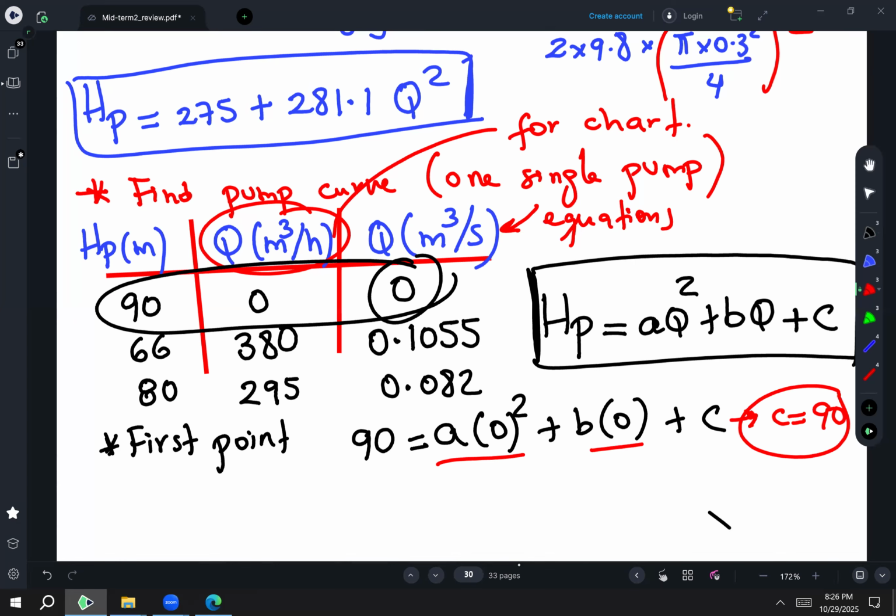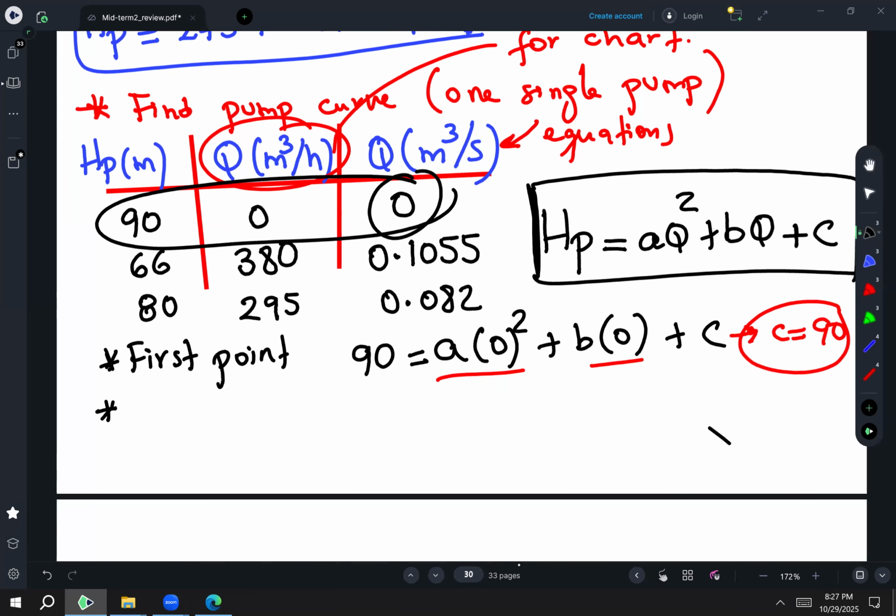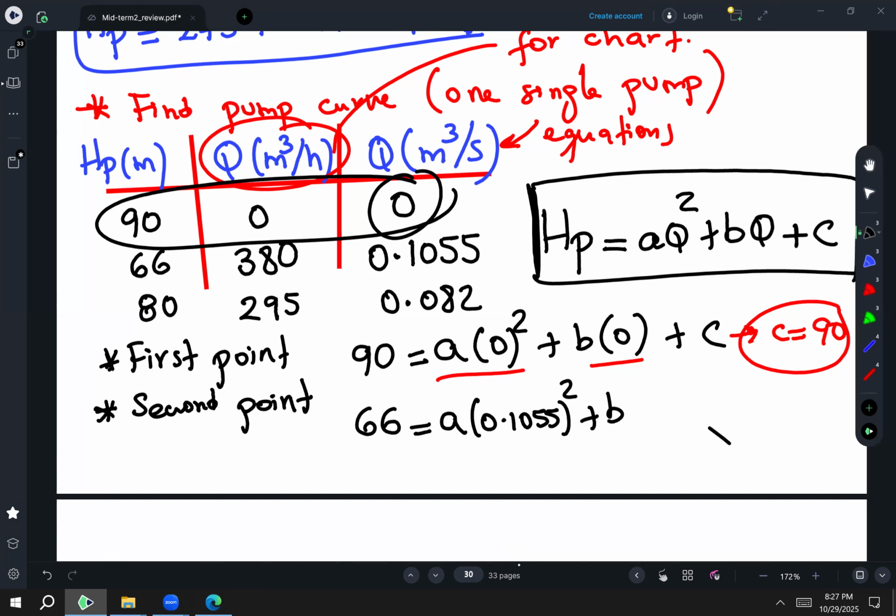Now we can use the second point. For the second point, we have 66 is equal to A times Q squared, Q is 0.1055 squared, plus B times Q, and Q is 0.1055, plus C. But I already know C, and C was 90, right?